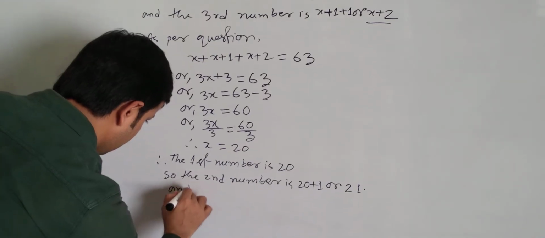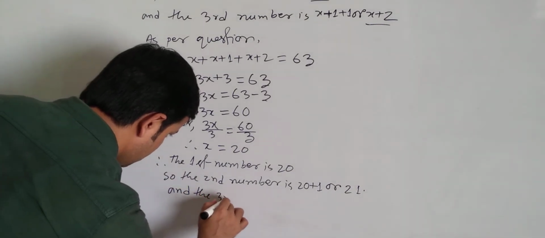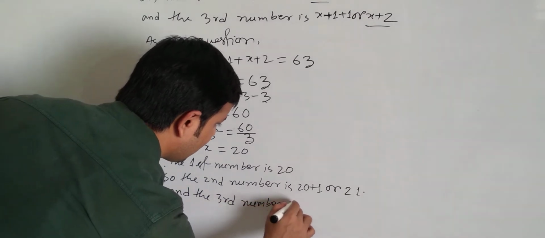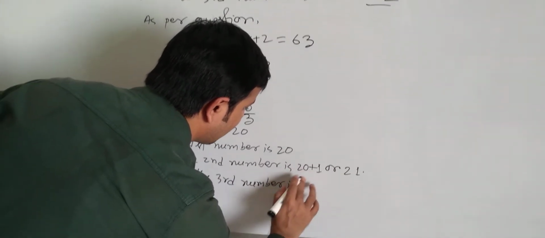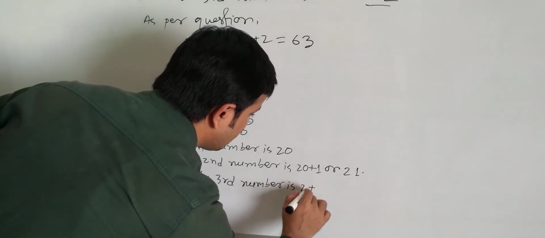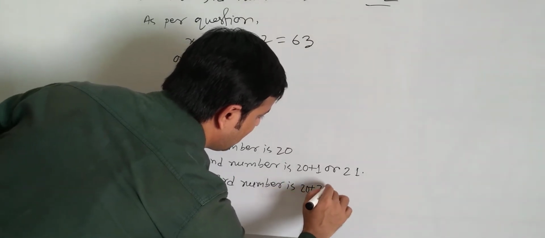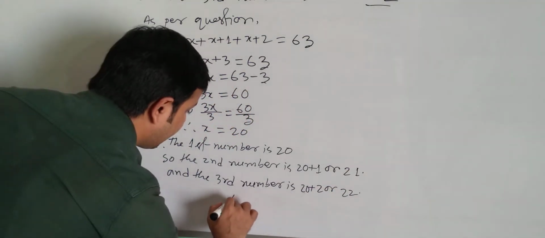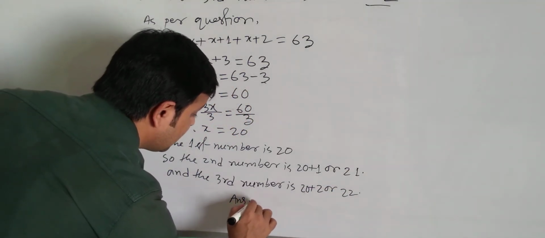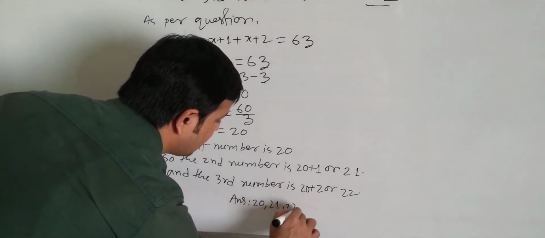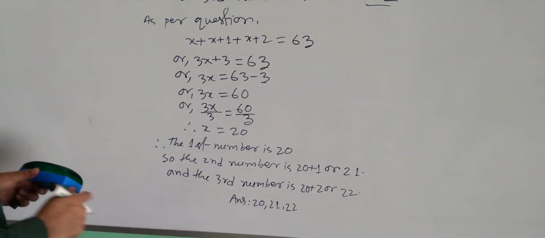And the third number is, we have to write x plus 2. X means 20, 20 plus 2, or 22. So our required answer for this question is 20, 21 and 22, as we need to find the numbers.